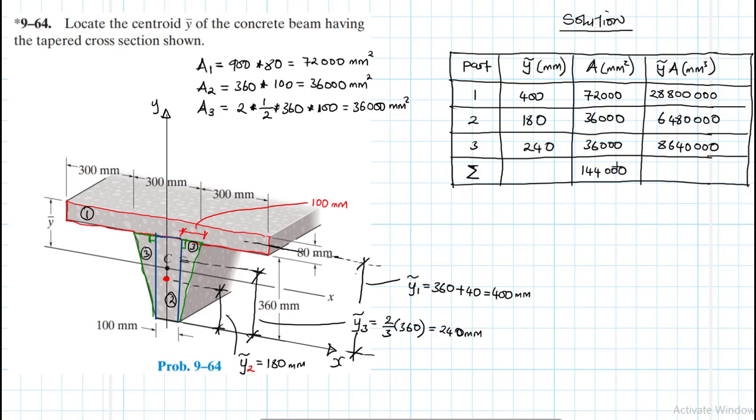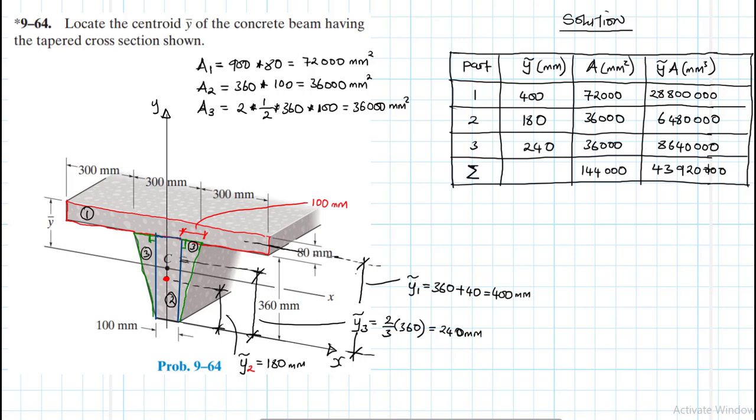So 28,800,000 plus 6,480,000 plus 8,640,000 gives us 43,920,000.